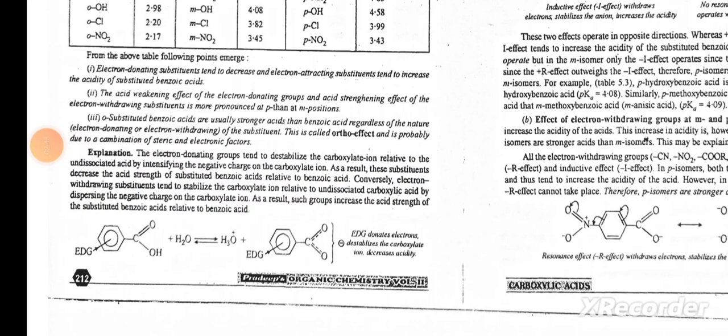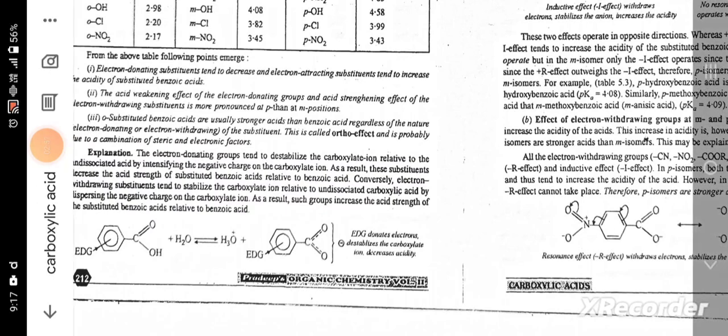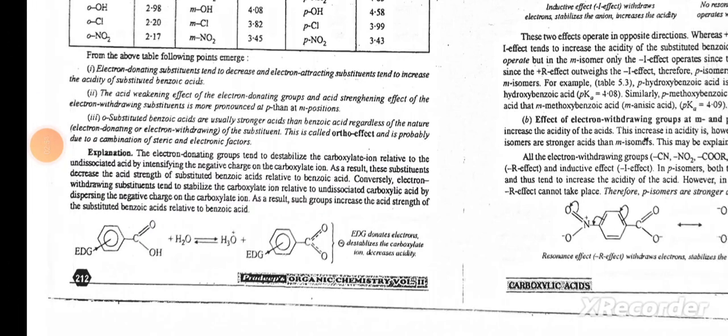Explanation: the electron donating groups tend to destabilize the carboxylate ion relative to the undissociated acid by intensifying the negative charge on the carboxylate ion. As a result, these substituents decrease the acid strength of substituted benzoic acids relative to benzoic acid.